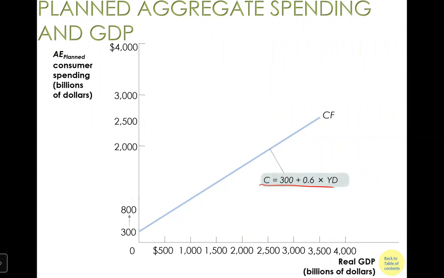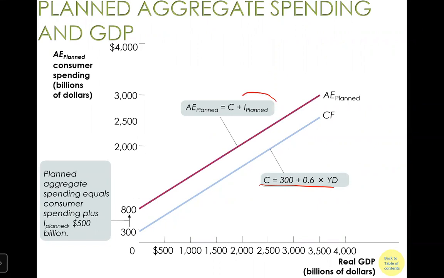So we will add the planned investment. The planned investment gives you the vertical difference between these two lines. In other words, we just move up the consumption function by the amount of planned investment.